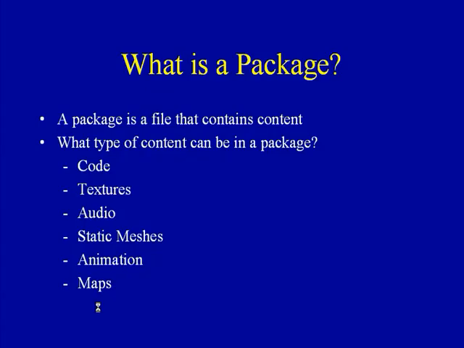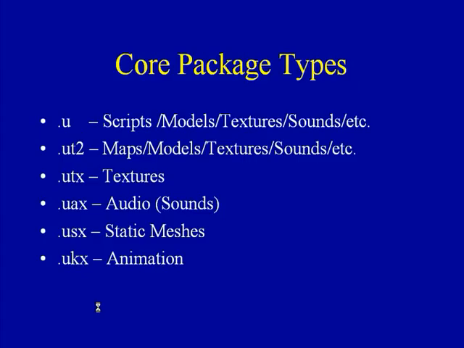Right, Logan? Right. Okay. So with that, the core package types, and basically we're referring to the extensions here. This is really just an organizational thing, right, Logan? That's right. Different packages, for example, you have maps, and the map can have a screenshot in it, so you have both a map and a texture in one package. And of course, .u files, like if you have a mod that has guns with new textures, often you'll have not only the code, but the models and textures all in one file. Exactly.